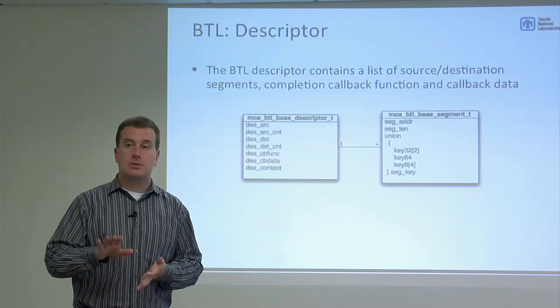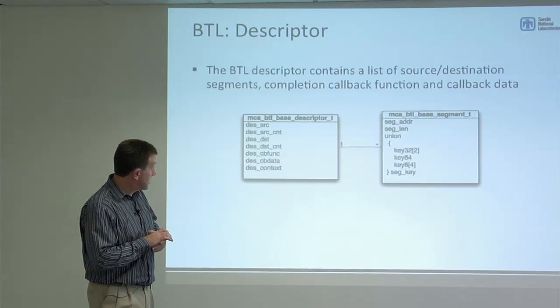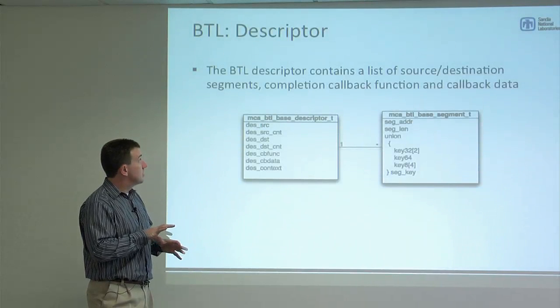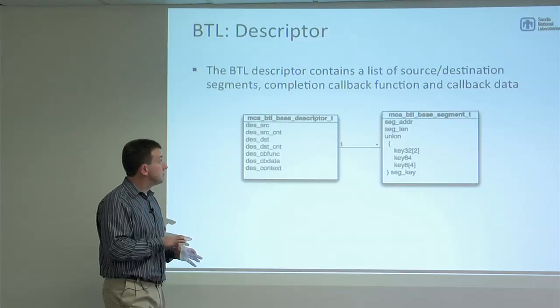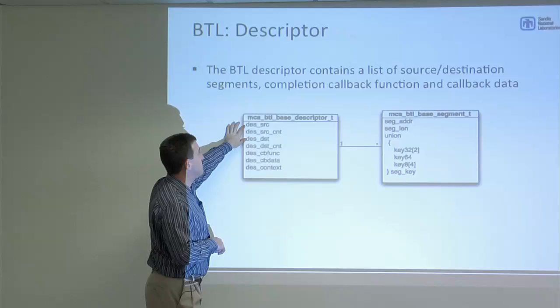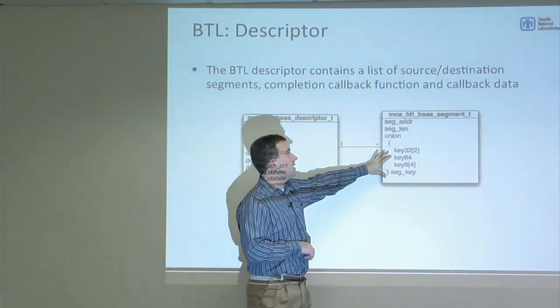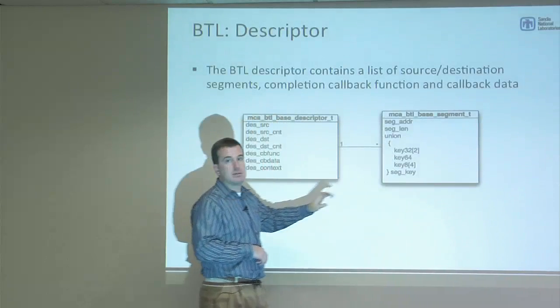So I talked about descriptors, the things you get back from BTL alloc or prepare source or prepare dest. There's a couple of different pieces to them. Basically a descriptor is a chain of segments, and a segment is a base and bound.